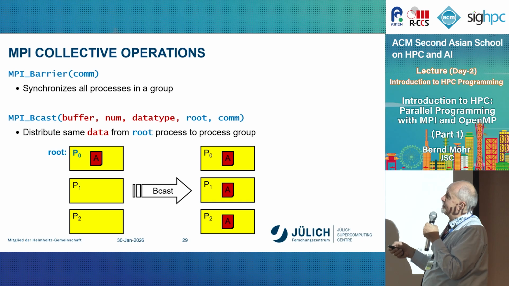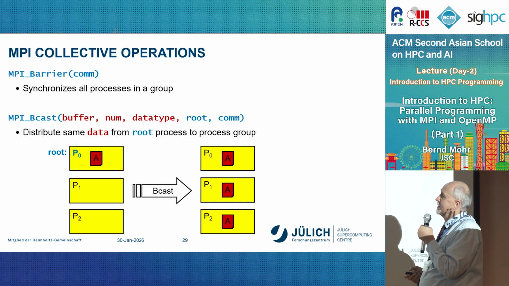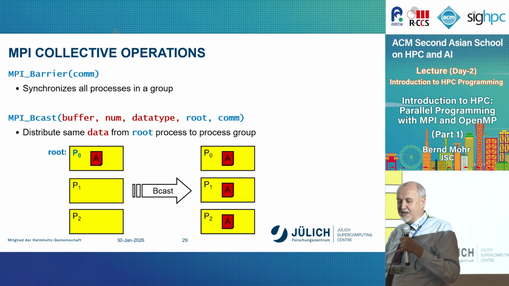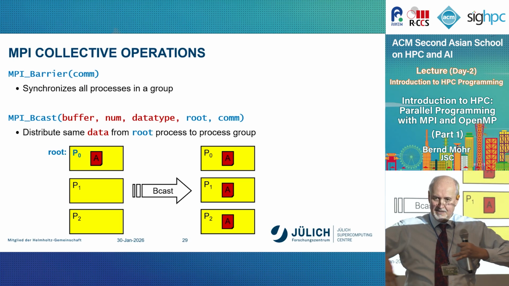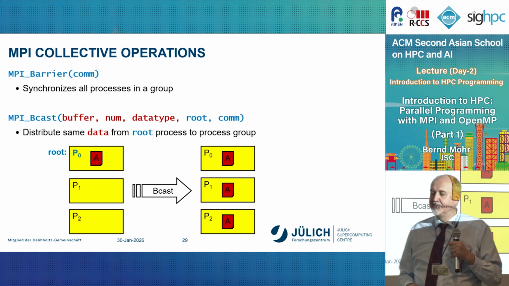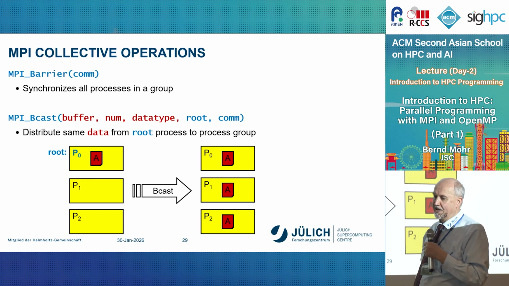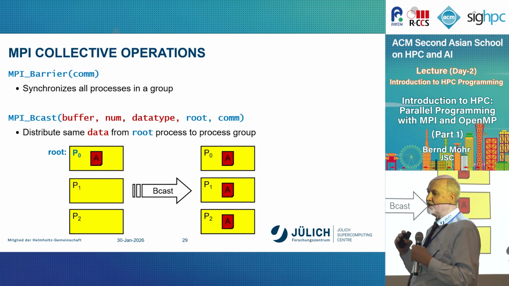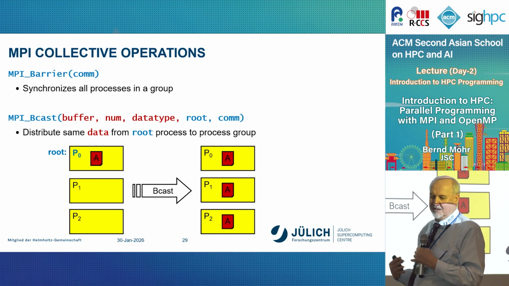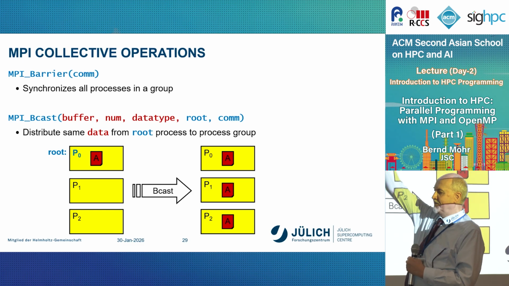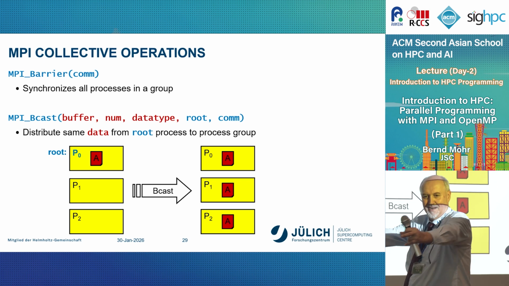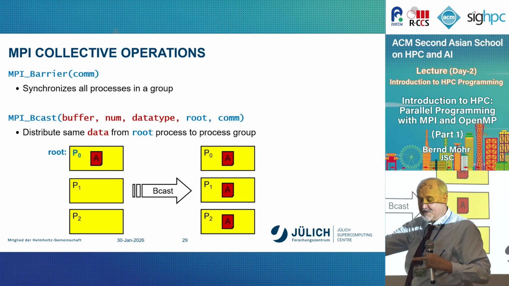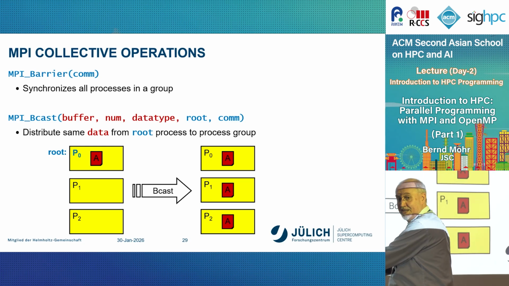The simple one is synchronize. You basically want to make sure everyone in your group is done with a specific task. That is called a barrier. A barrier is like when you enter a parking lot: you close the barrier, wait until everyone is here, and when everyone is here, you open and everyone can continue.